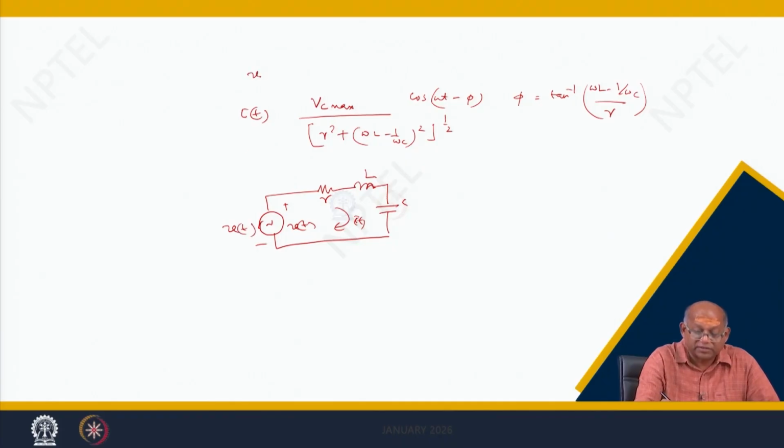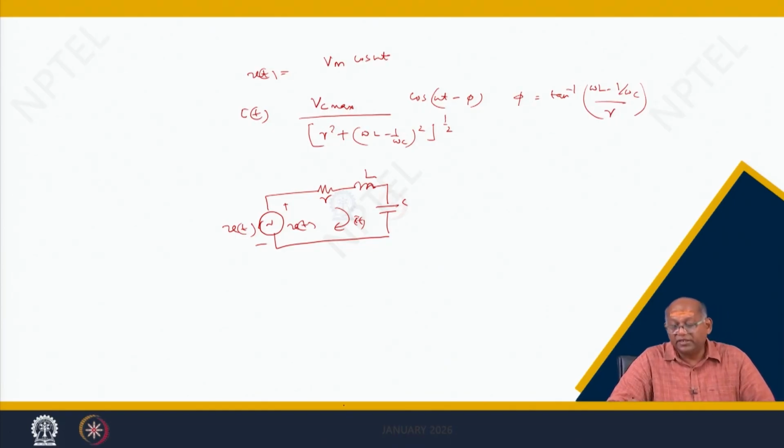V t was this. So, you see this is cosine, this is also cosine. So, this frequency is omega, this frequency is omega. So, frequency does not change, everything, so it is a linear circuit. This has a different method of solution, known as the phasor solution. We will discuss it next class.